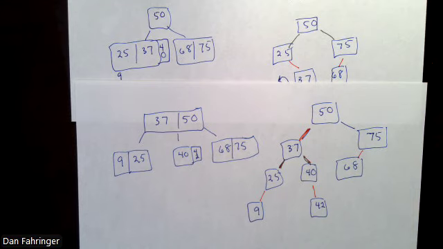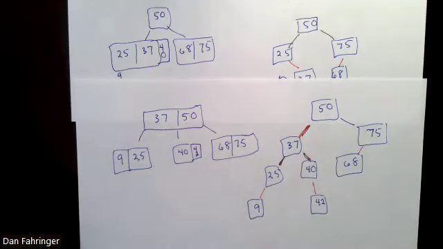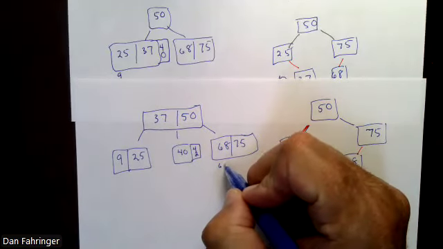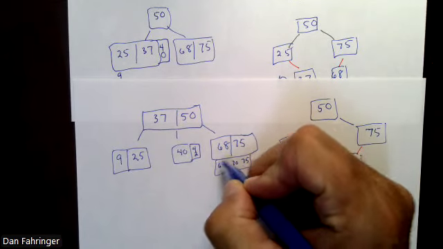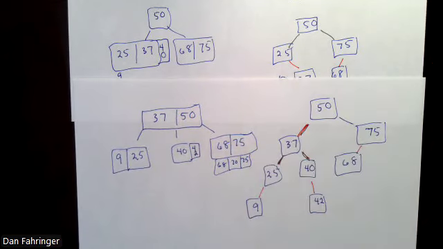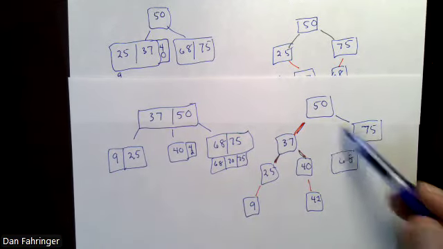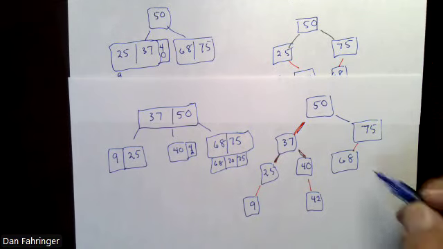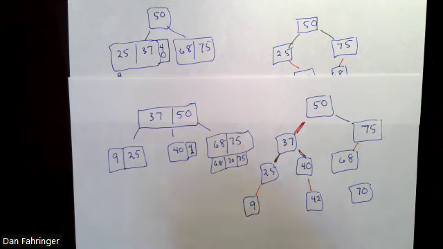The next number we would add would be 70. It's going to try to peek in here so that it's now 68, 70, 75. When I go to add 70, it's greater than, it's less than, it's greater than. I'm adding it as a child.